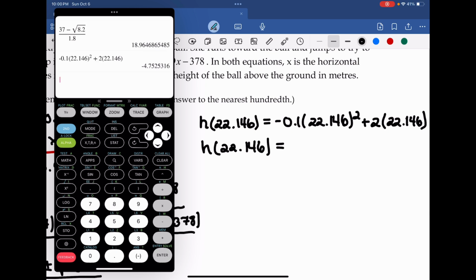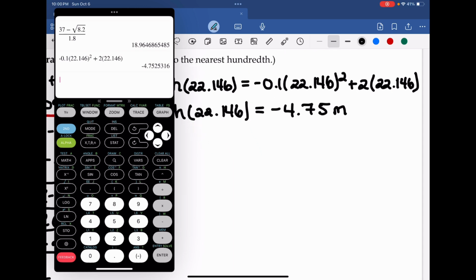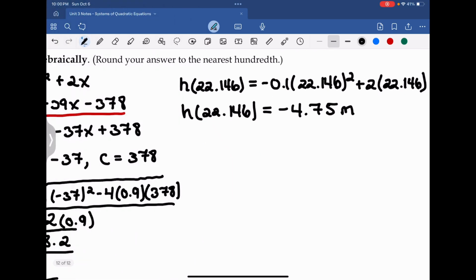This will be equal to negative 4.75. Now, that's clearly not right. I mean, we're getting a value that's negative for height. So if that's equal to negative 4.75 meters, immediately we could call this extraneous, but let's just solve our other one and then we'll also mark the other one depending on what happens.